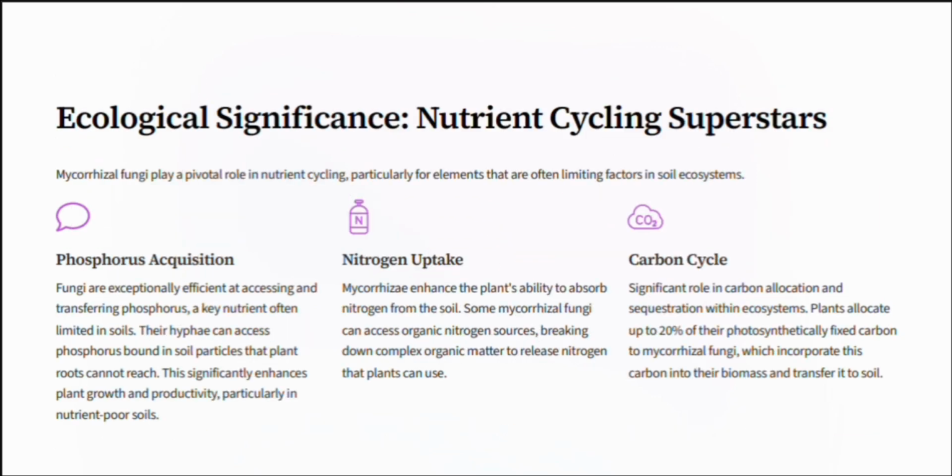Now we'll put a spotlight on the ecological significance, where the mycorrhizal relationship shows nutrient cycling.